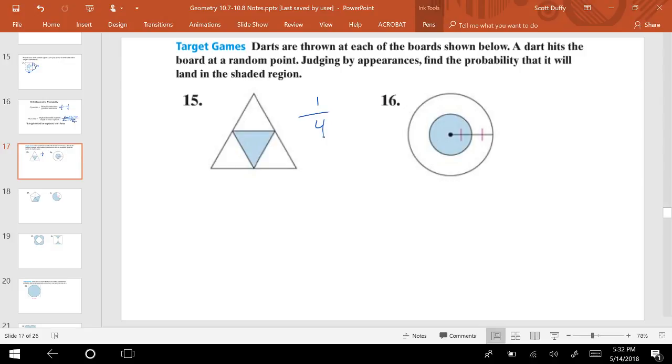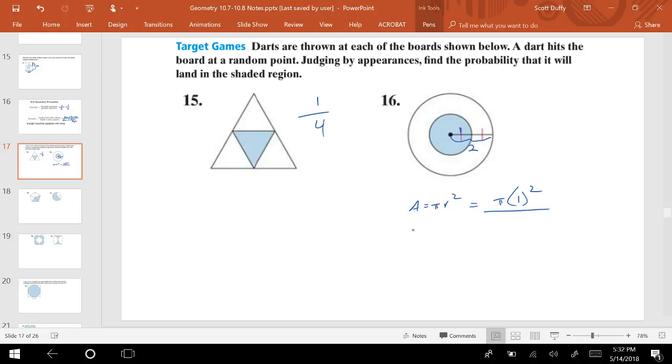Going to number 16, you say, all right, the shaded region is this circle, and we can say that it has a radius of 1. And the entire region is a big circle, and it has a radius of double that, so the whole radius would be 2. So the favored region would be area equals pi times radius squared, which equals pi times 1 squared.